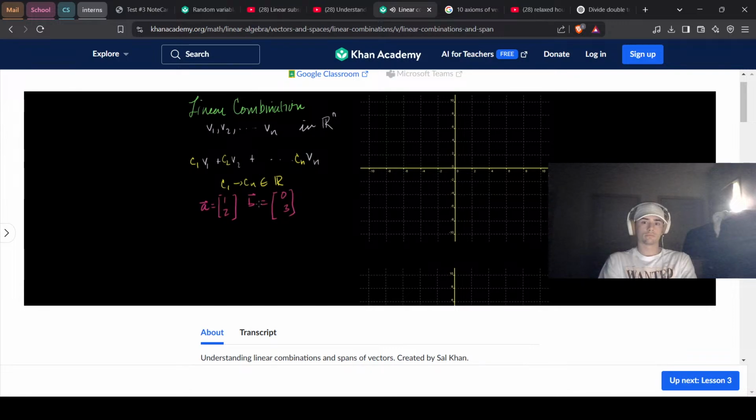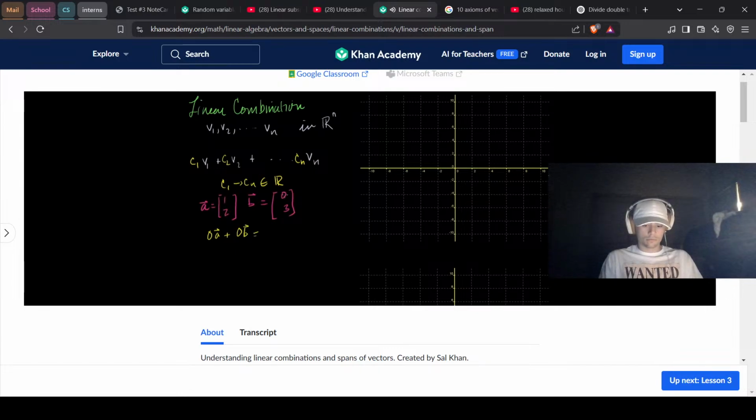What is a linear combination of these? Well, it could be any constant times a plus any constant times b. So it could be 0 times a plus 0 times b, which of course would be 0 times a would be 0, 0, and 0 times b would be 0, 0. That'd be the 0 vector, but this is a completely valid linear combination.